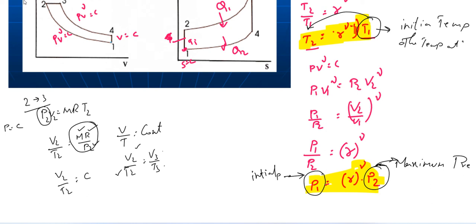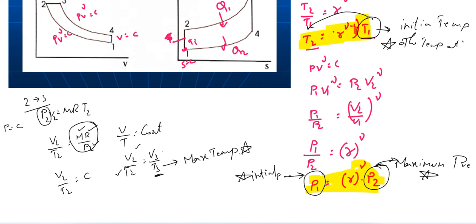Maximum temperature they will give as T3. See, T3 is the maximum temperature. Note all these points. Okay, T3, now you have found T3.